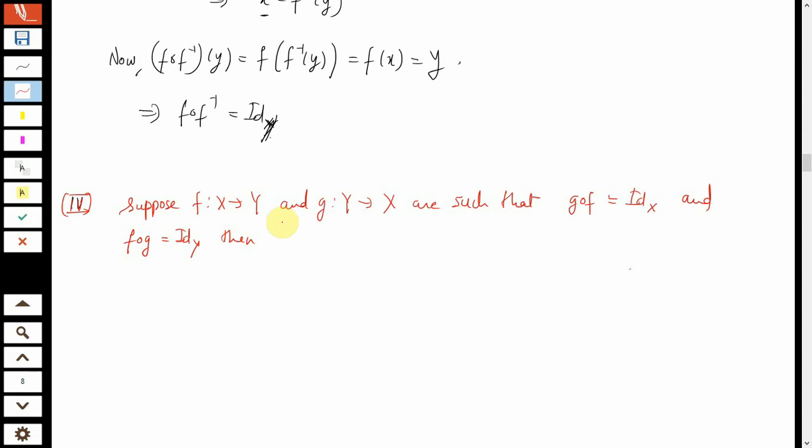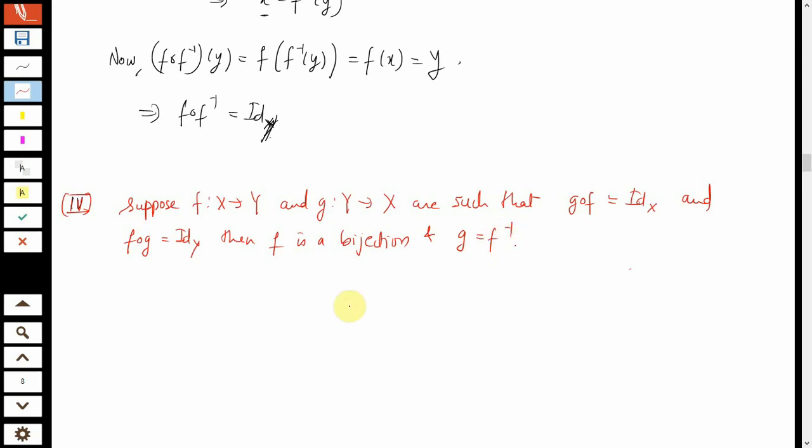First you show that this f is a bijection, because unless and until f is a bijection we cannot define the inverse of that function, and g acts as an inverse of f.